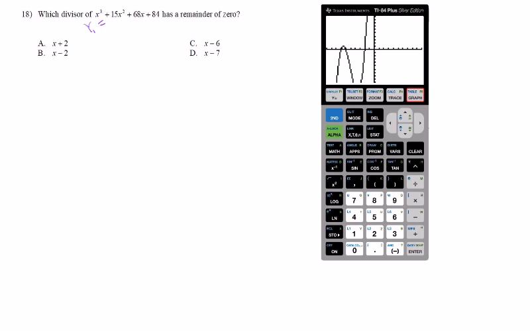What we're looking for here is zeros. I'm looking for this value and this value. Let me erase those circles so we can see them a little better.